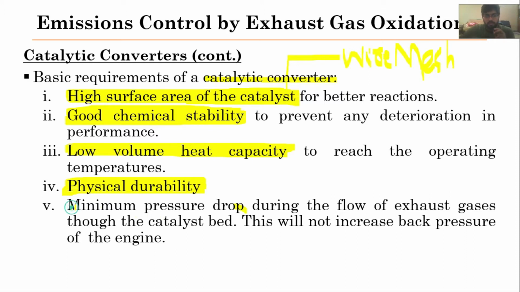And last but not the least, it should have minimum pressure drop. It should not be providing too much pressure drop, otherwise the problem of back pressure will occur. So these are some of the basic requirements of the catalytic converters.